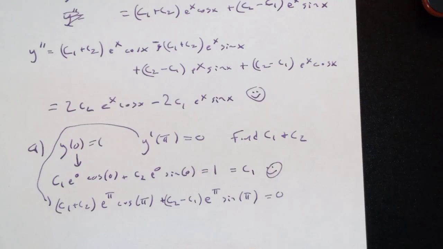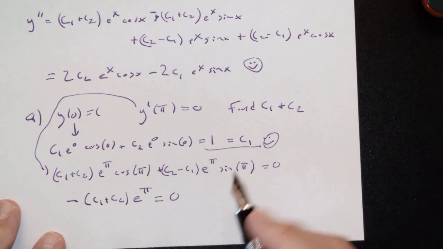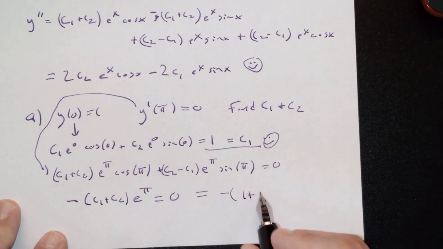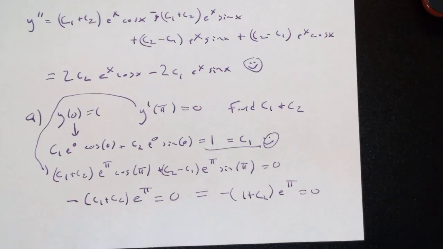What's cosine of pi? What's sine of pi? So that piece is gone, and I have negative C1 plus C2 e to the pi is 0. But you just told me up here that C1 is equal to 1, so that's 1 plus C2 e to the pi is equal to 0. What's C2? -1.